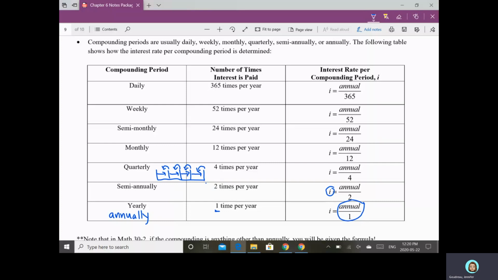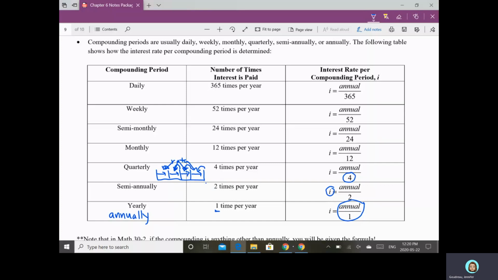So we compound or add the interest in 4 times per year. What does that mean for the interest rate? Well, because our interest rate is given over the whole year, and because we are dividing the year into 4 parts, the interest rate gets divided into 4 parts, and that's why our annual interest rate is divided by 4.